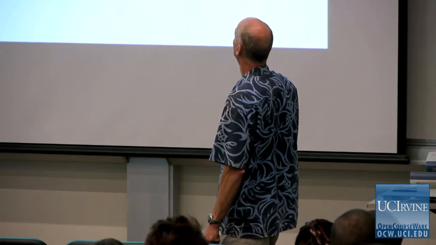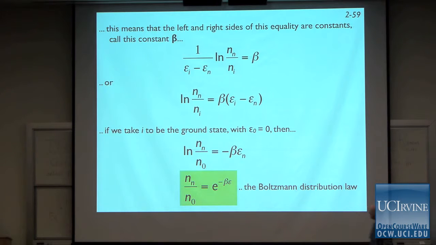We can calculate the population of that excited energy level using this equation right here, where beta turns out to be equal to 1 over kT, where k is Boltzmann's constant. Now, beta is 1 over Boltzmann's constant times temperature, 1 over kT.